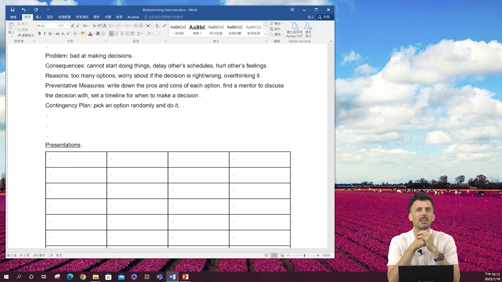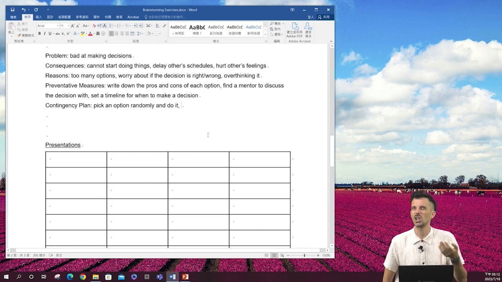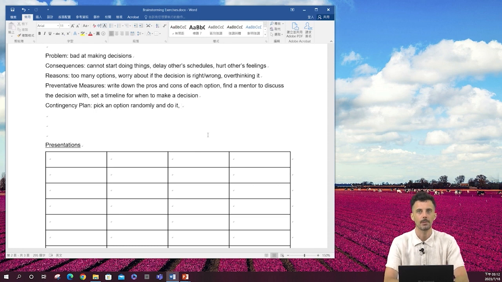Yeah, a contingency plan tends to be a little bit more difficult than the preventative measures, because you have to think of something that's a cost, like time, money, or energy. So maybe, if you worry about if a decision is right or wrong, yeah, good one.